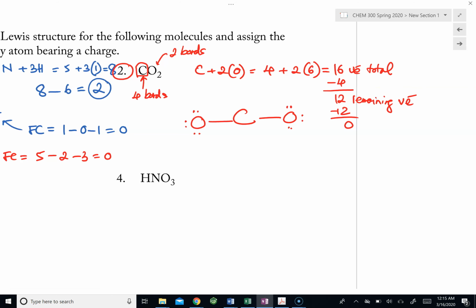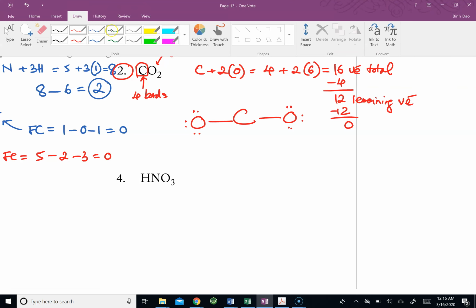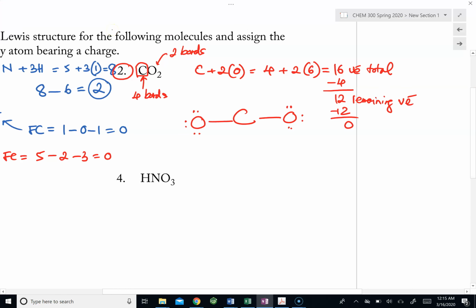Now moving on to the next step. Anytime we have a central atom that does not have a complete octet, we need to move a lone pair of electrons from the terminal atom to form multiple bonds to the central atom to give the central atom the octet. Here, our carbon right now has only 4 electrons. It needs 2 more bonds, or basically 4 more electrons, in order to have an octet.